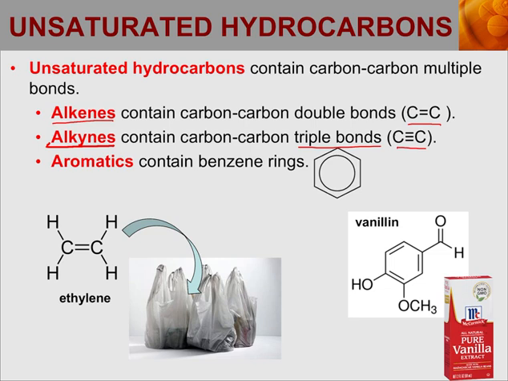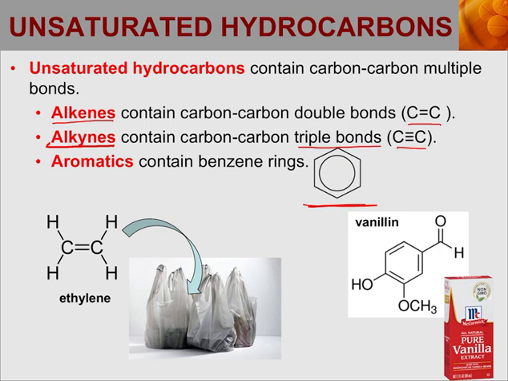Aromatic compounds will contain alternating double bonds, and for our purposes, we'll just talk about benzene rings, shown here. So down below I have a couple of examples of alkenes and aromatic compounds. Remember, we're going to skip alkynes this chapter, but it's always good to know what an alkyne is.